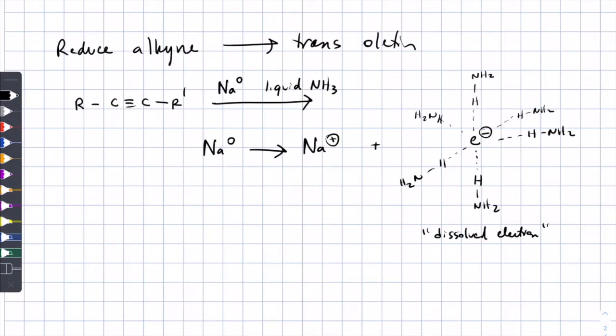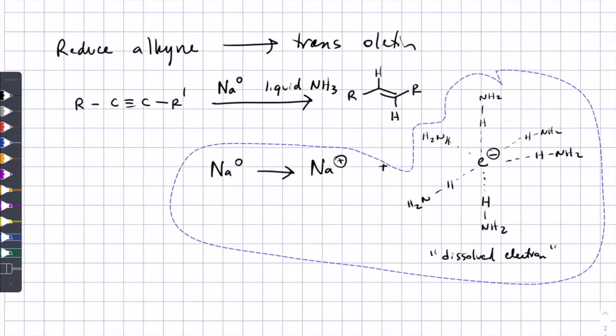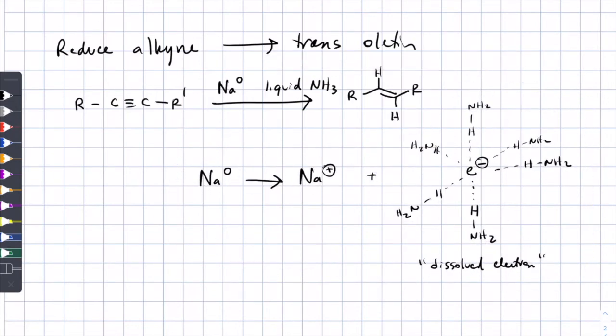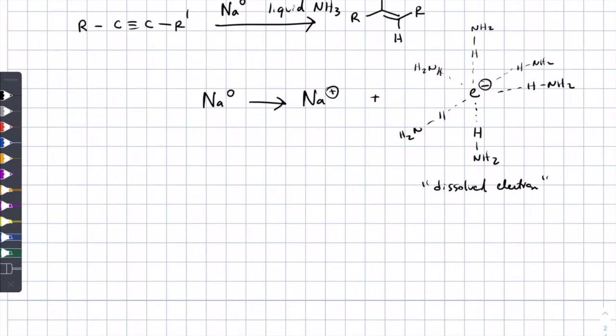In any case, this reaction gives you the trans olefin. And your text does present a mechanism for this reaction, though I'm choosing not to require you to learn it, or to be responsible for it. It's somewhat difficult to rationalize based on the orbital arguments that we've talked about.